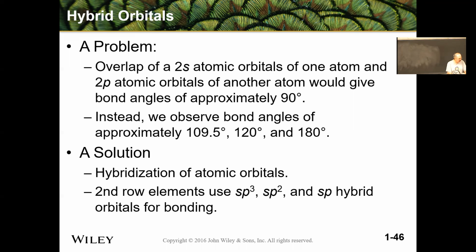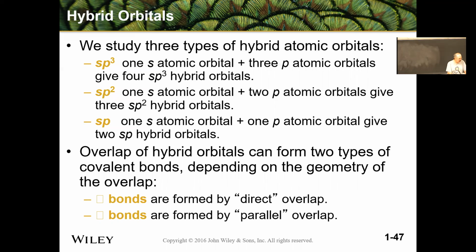The main thing that I want you to get from this is there's an association with shape which corresponds to each one of these three types of orbitals. Two sp hybridized atomic orbitals are in a linear arrangement. They're 180 degrees apart from each other.